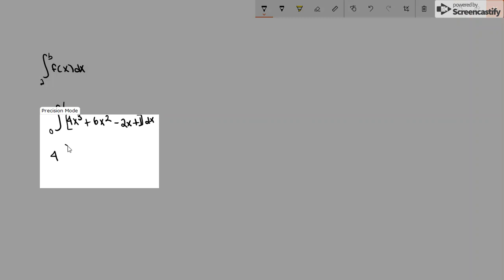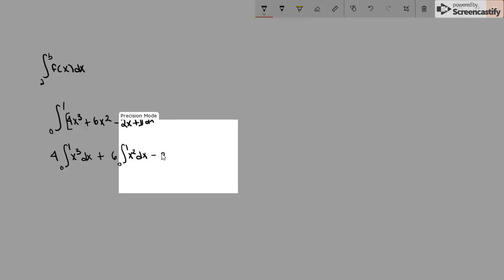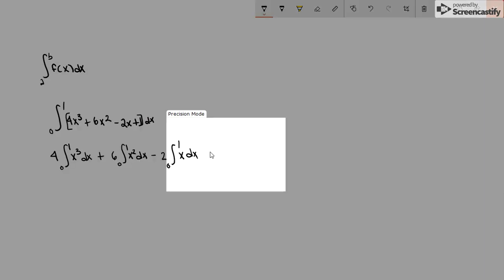So with the first one, 4 times the integral from 0 to 1 of x cubed dx, plus 6 times the integral from 0 to 1 of x squared dx, minus 2 times the integral from 0 to 1 of x dx, and finally plus, we'll just write 1 for argument's sake, why not, dx, right?